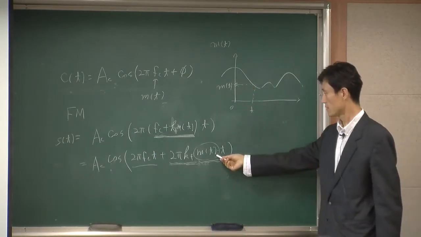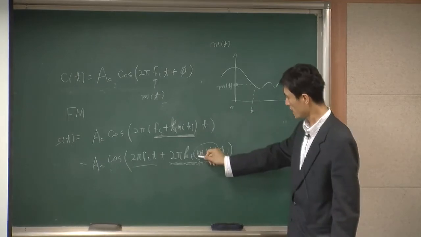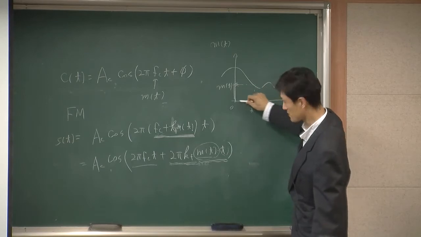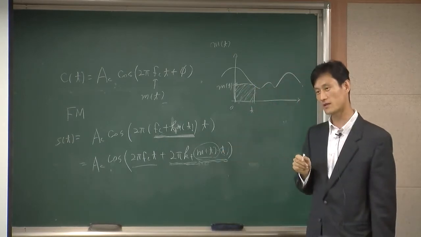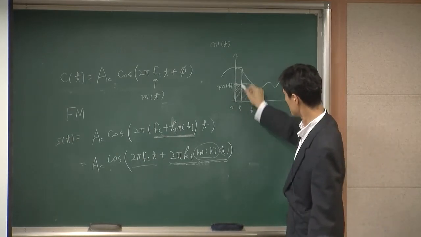This m(t) means here, and this t means there. So when you multiply m(t) times t, that means this times this. What that means is this area. That's what they mean, right? So if you put the m(t) small like this, then it's going to be this area.